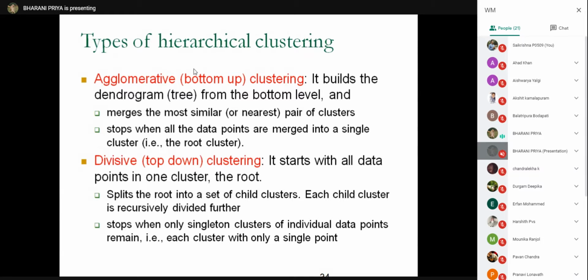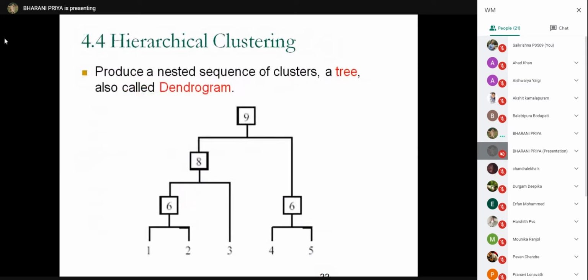Yes or no? So see, you are starting with 1 and 2 and you are merging. Again, you are calculating the distance, you are merging until you get a large set, right? So if you go on merging it until you get a huge set, then you may get your original data.